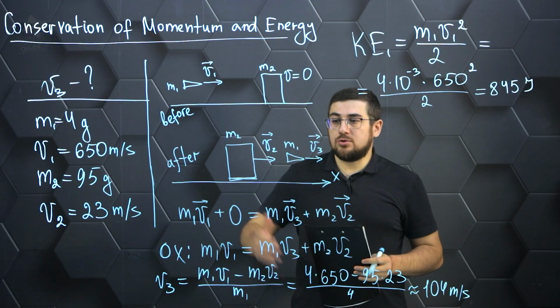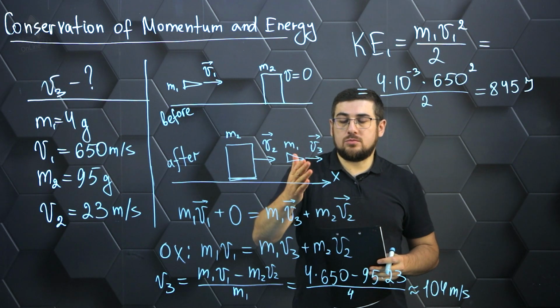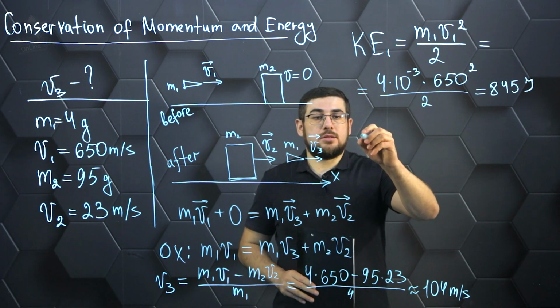Now let's calculate the energy after the impact, and here we see it will be the sum of two kinetic energies: the energy of the bar and the energy of the bullet.